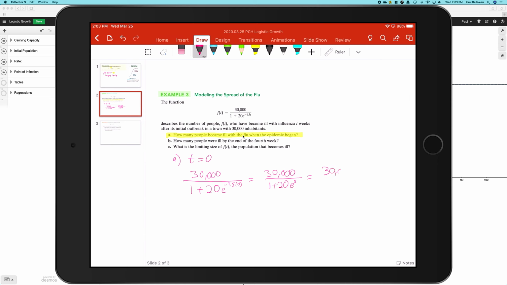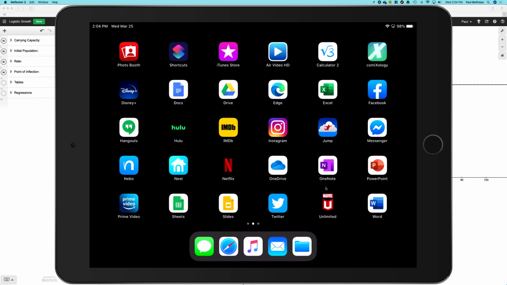So that's 30,000 over 21, because e to the 0 is just 1. And then 1 plus 20 is 21.